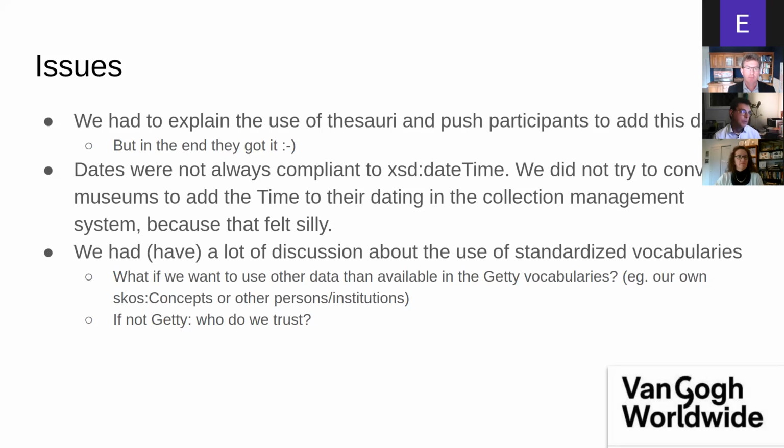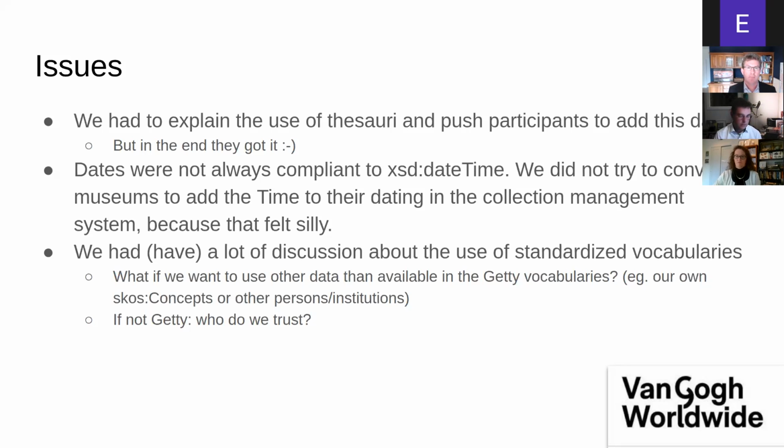And last but not least, we had a lot of discussion about the standardized vocabulary. So the ULAN ECCE Artist discussion was one of them. And then we had to decide which other authority file we had to trust, if not the Getty vocabulary, if we found that the Getty vocabulary would not be sufficient for our needs.